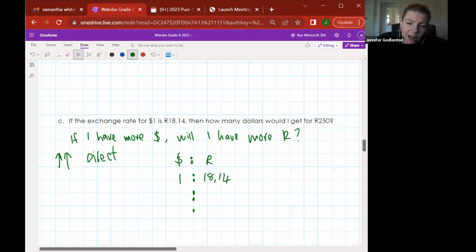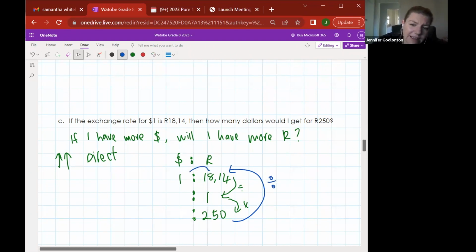You can do it the longer way by first making that a 1. So think, what do I need to divide that by? And then what do I need to times that by to get to 250? Or you can do it the quick way of saying 250 divided by that times by that is equal to that. Do whichever way you feel comfortable with, and then tell me what my answer is going to be.